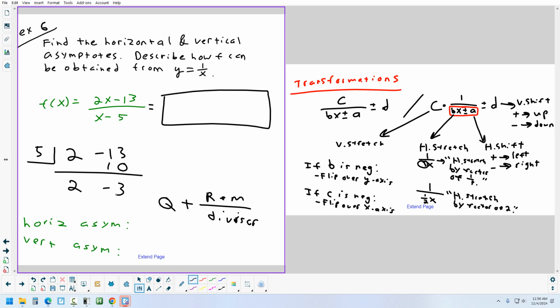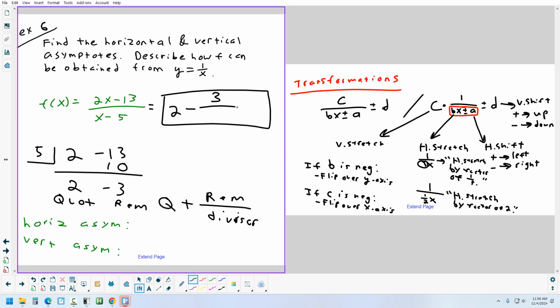What's my quotient there? 2. Remember, this is your quotient. And this number over here? Remainder. So my quotient is 2 plus, well, my remainder is a negative, so it's going to be minus. My remainder was 3.